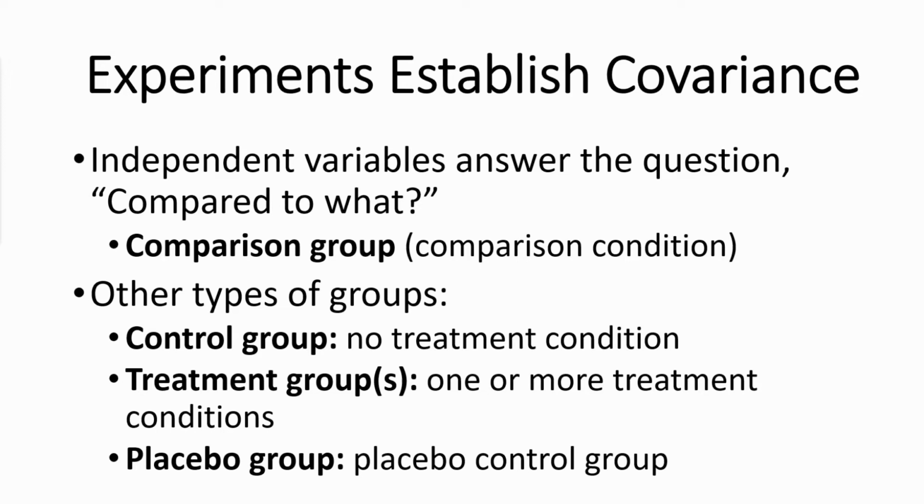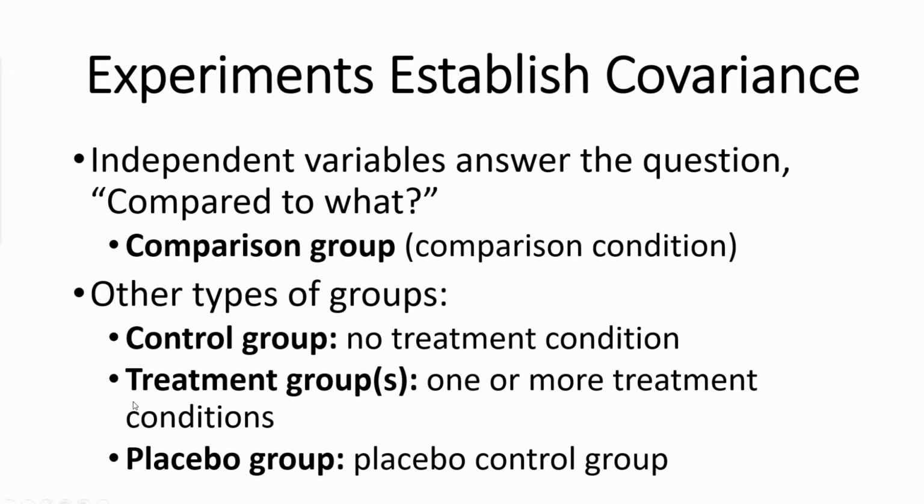But I guess, thinking about it, in our note-taking group, we could have a control group of people who just watched the TED Talks but didn't take any notes. So that would be one way to include a control group where they didn't have any treatment condition.